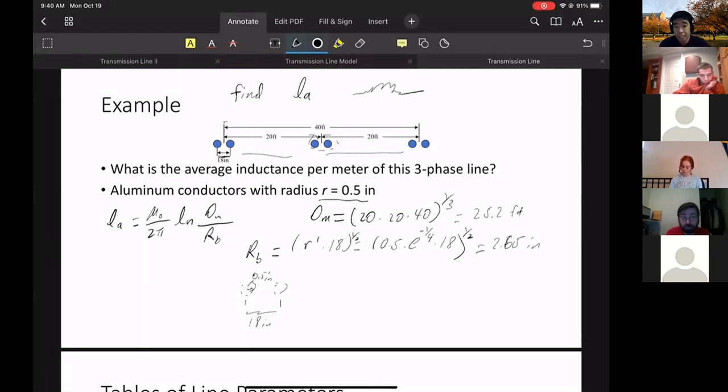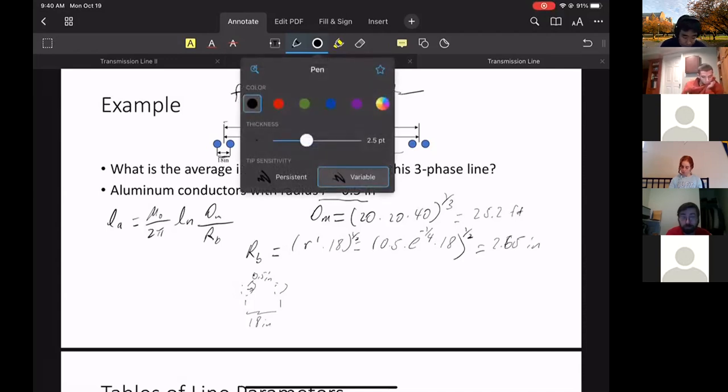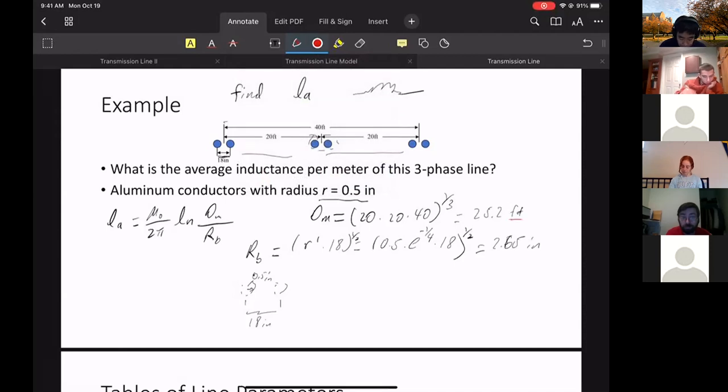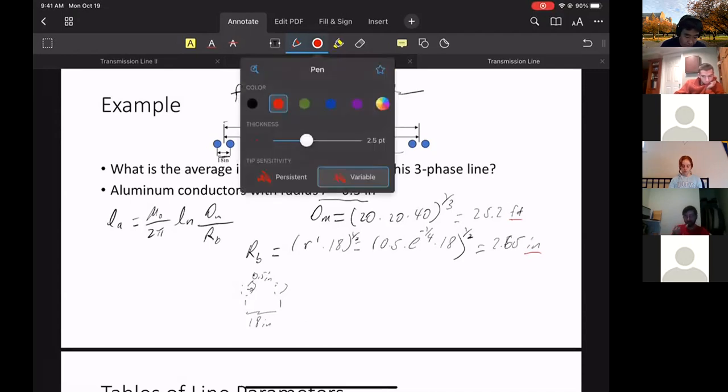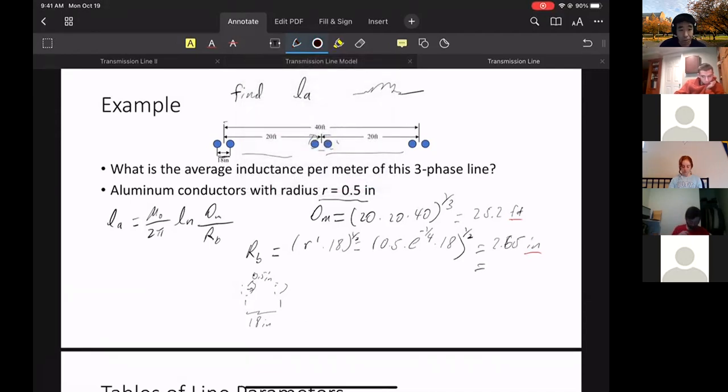The thing to remember is that you need to be careful with the units. Especially in the US, the units are normally given in inches for the line conductor size. There's something else for the distance between the conductors. Sometimes you will see meters being used, and sometimes feet. The thing is to remember to convert them to the same units.